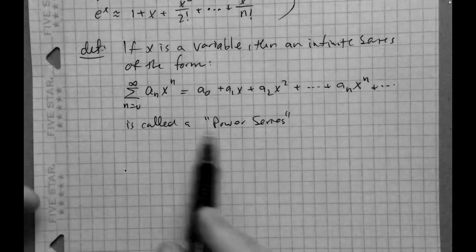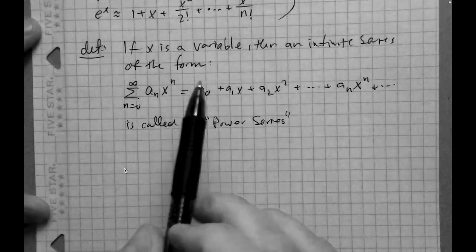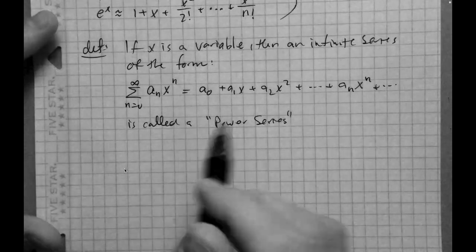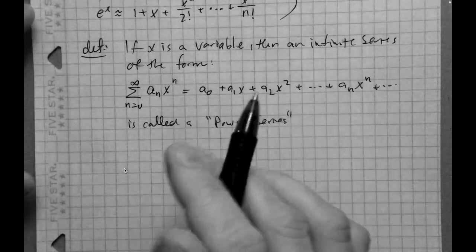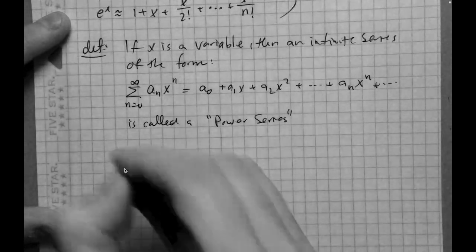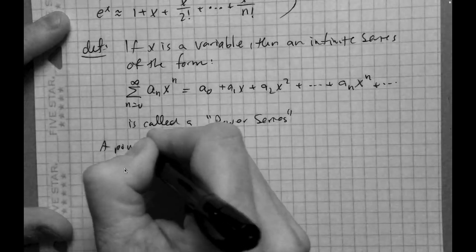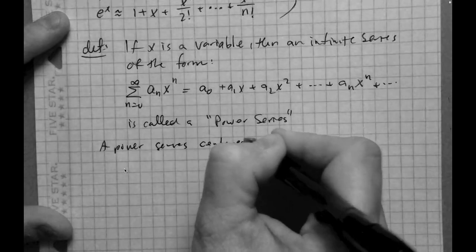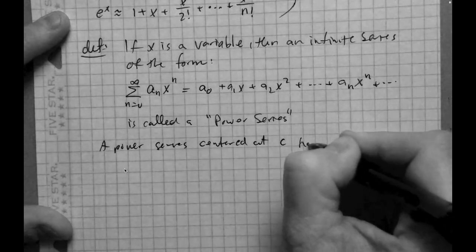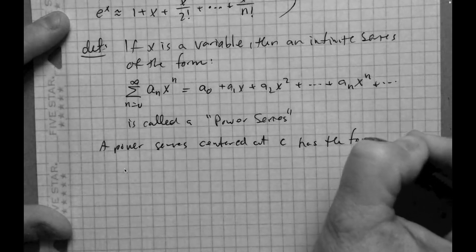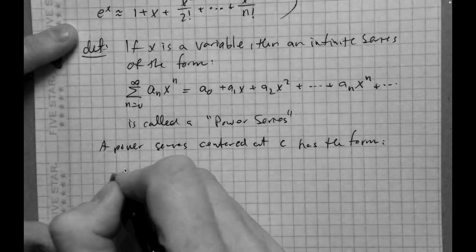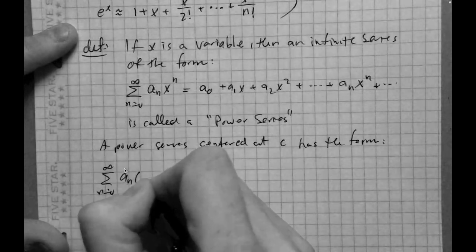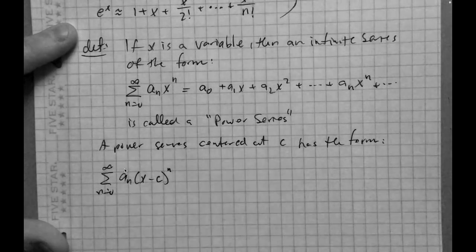Now in this particular example, the power series is centered at 0. We can center a power series at any value c, and it has a similar form. A power series centered at c has the form the sum from n equals 0 to infinity of a sub n times (x minus c) to the n.